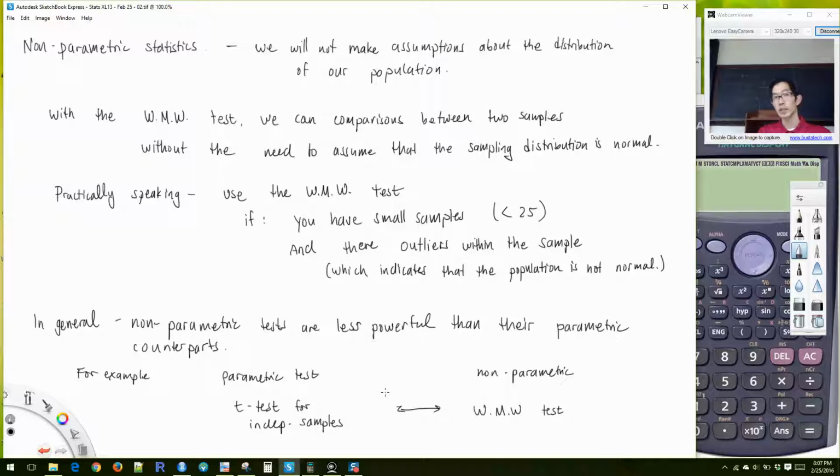Less powerful means you are less likely to reject the null hypothesis when the null hypothesis is false. The power of a test is a good thing.